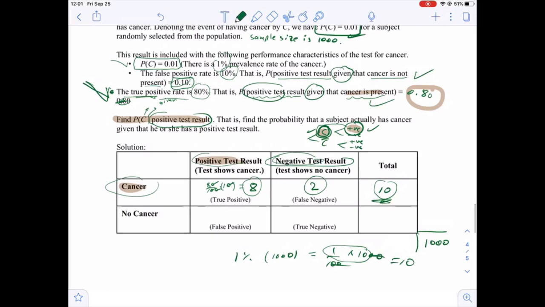Now people who don't have cancer. Since the total here is 10 and the sample size is 1000, people who don't have cancer are 990. If you find the sum here, you get this number 1000.